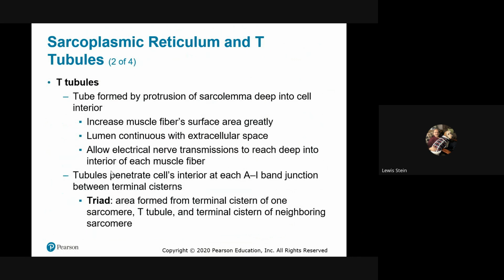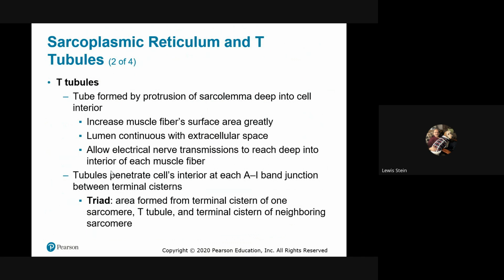The release is triggered by a very interesting, I would use the term invagination. It's like a folding of the sarcolemma or the membrane. They call it T or transverse tubules, as you will see when I show you the animation, because they go at right angles.